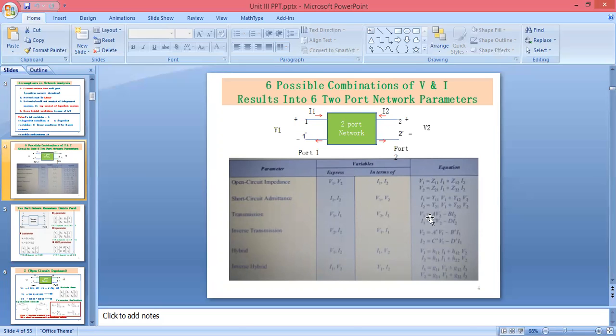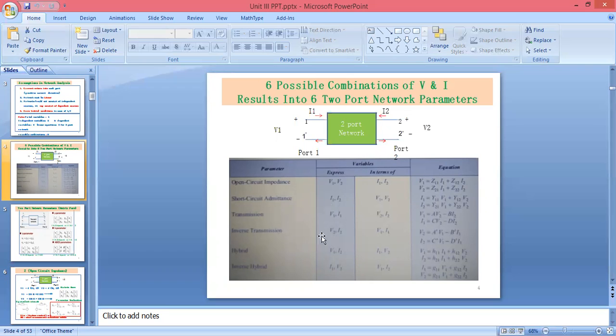And how are we getting these equations? We are getting them from the dependent variable. If the value of voltage depends on current, if the value of current depends on voltage, if the value of port 1 voltage and port 1 current depends on port 2 voltage and port 2 current.